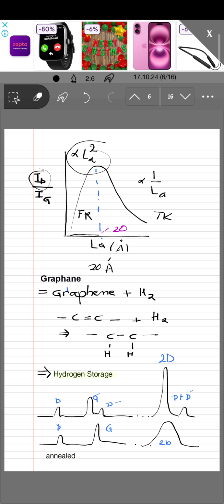However, after this threshold has been crossed, they follow the TK model, that is, being inversely proportional to LA. So in this case, an increase in D will indicate that the crystallite size has gone down.